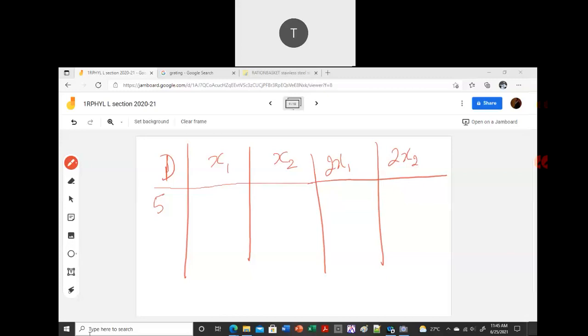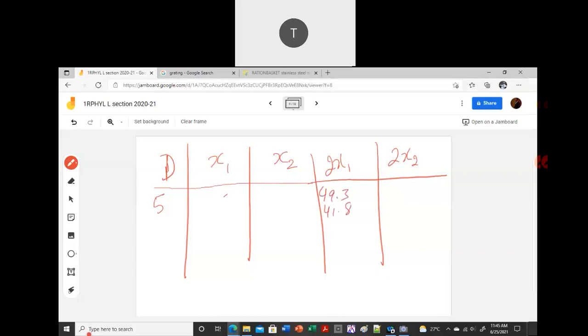So for x1, one spot is at 49.3, the other spot is at 41.8. So this is at 49.3 and 41.8.